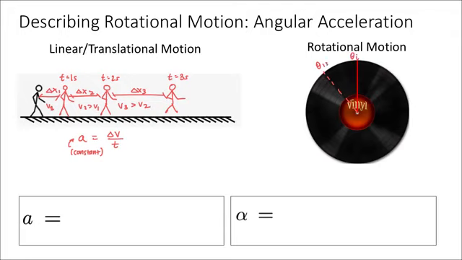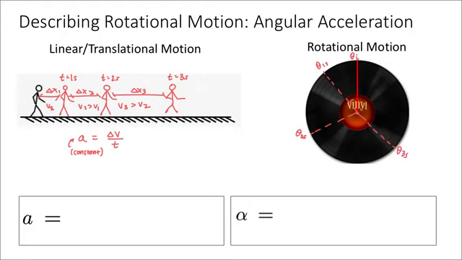And then maybe you keep spinning the disk, and now it's covered a larger angle. So this could be my theta at 2 seconds. And then maybe over here, this could be theta after 3 seconds, and then so on and so forth.